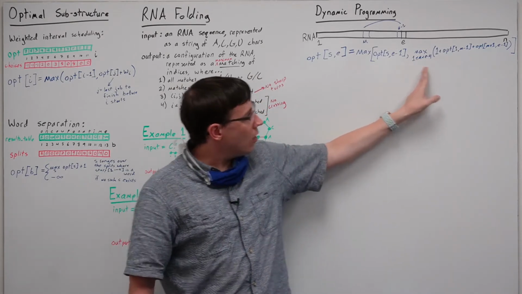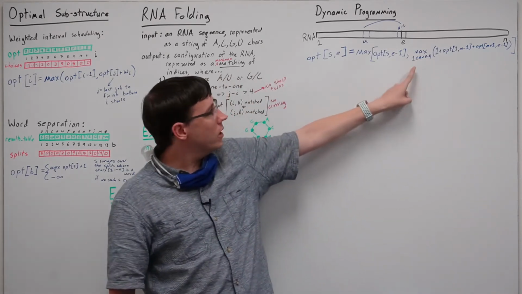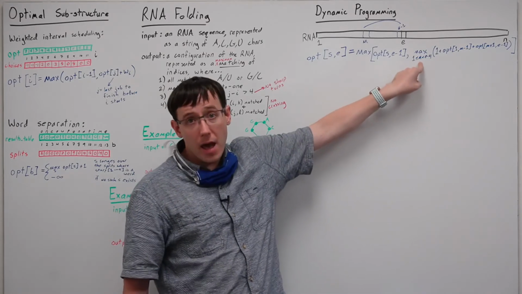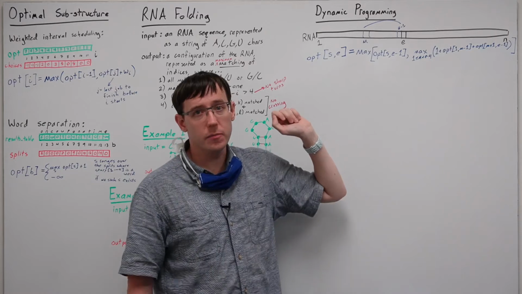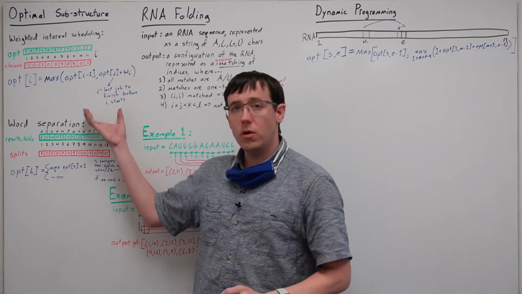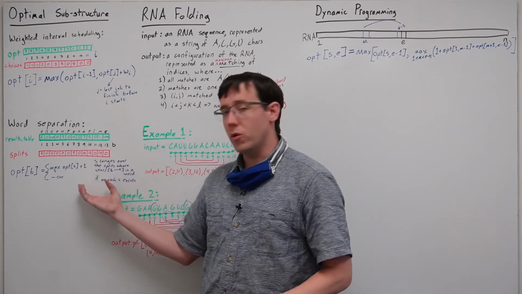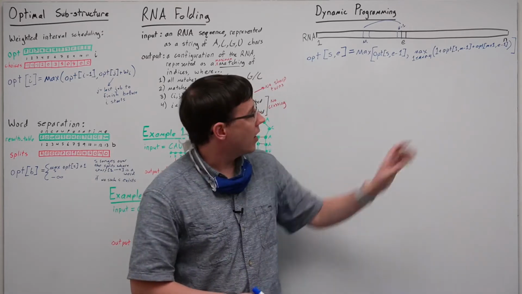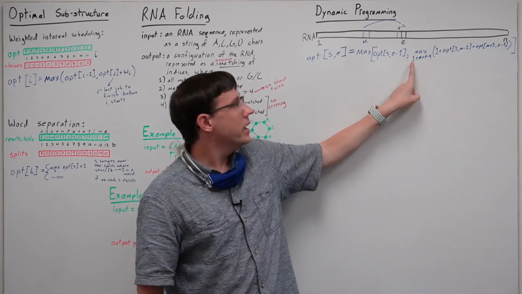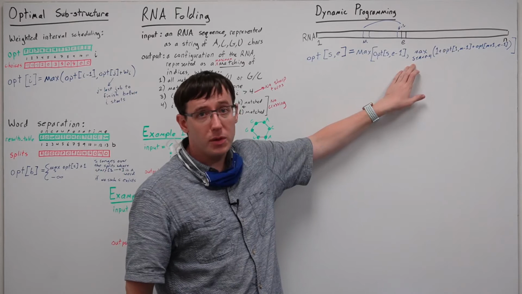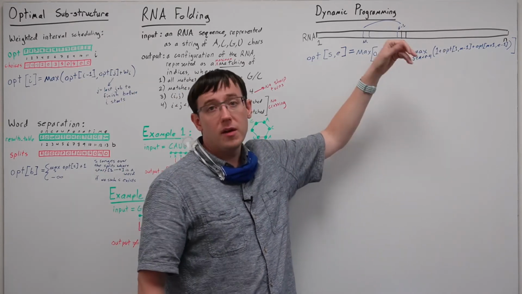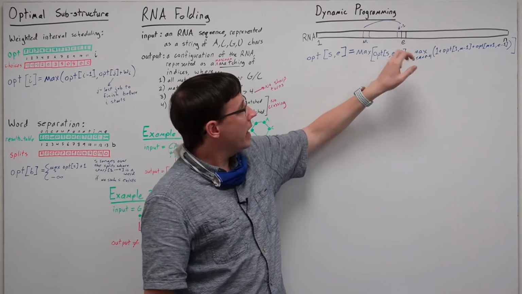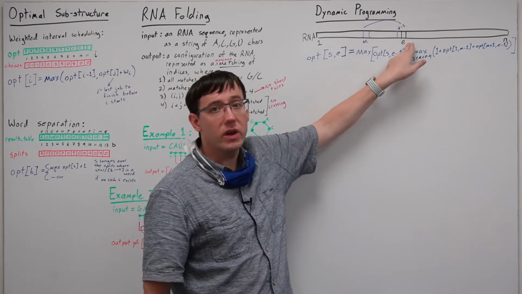Of course, all of this was assuming that m was a base that could be paired with e, and so as we did before, we should write down the restrictions on this variable m. It not only has to be between the start and e-5, but it also has to be a base that can match with e.